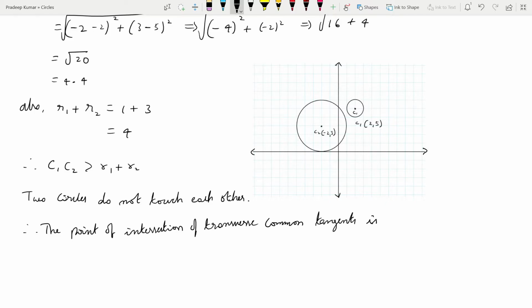So their internal center I can write as the internal center of similitude.